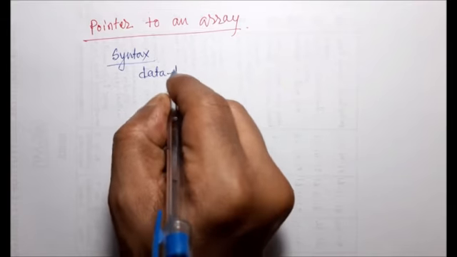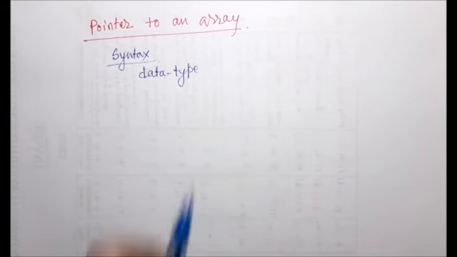First we have to write the data type, because when we declare a pointer, first we have to declare the data type. That means what kind of variable the pointer is going to hold the address of. Right?